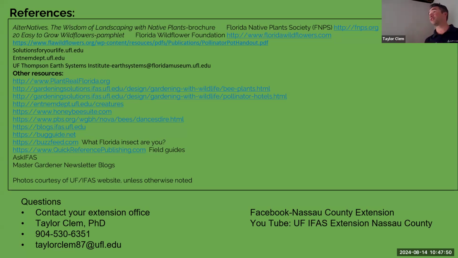Now Florida is a very sandy place. Nassau County is the least sandy county of most of the state, and even at that, we're considered sandy compared to the rest of the world. So we have soils that drain really well. But when we think about what I can do to help amend or provide nutrients to my soils, sometimes we think of perennial cover crops, say in a vegetable garden.